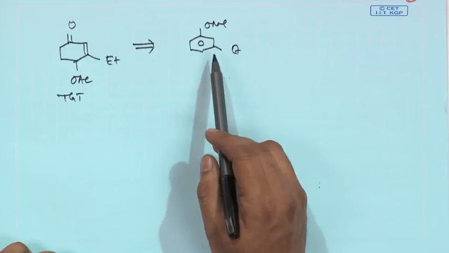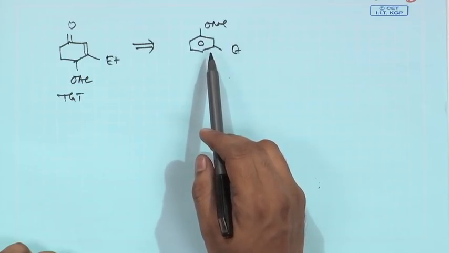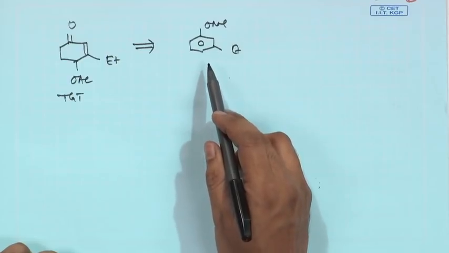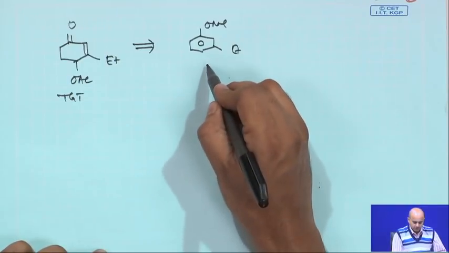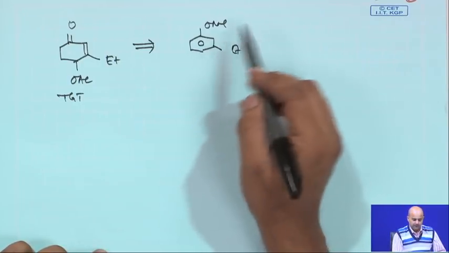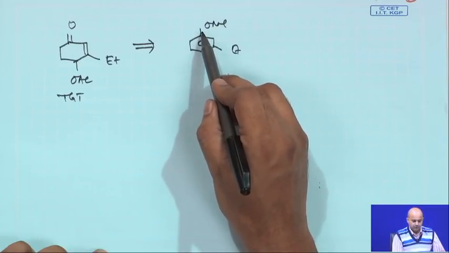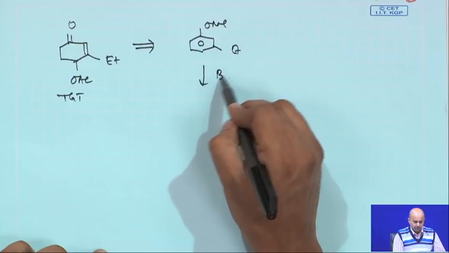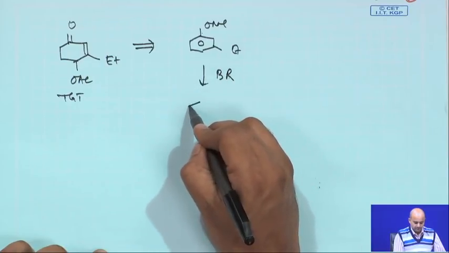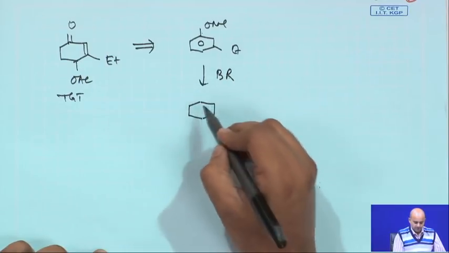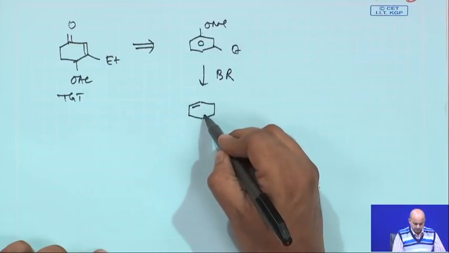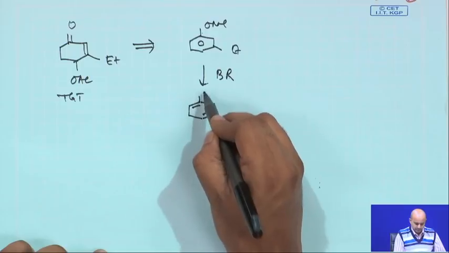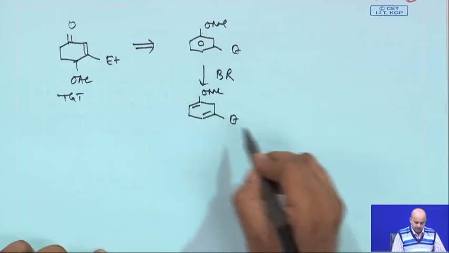Now, again this gives you the possibility of an aromatic hydrocarbon as the chief starting material. So, the initial step you need to do is a Birch kind of reduction, so that the aromaticity will be disturbed. This compound has an electron releasing group here as well as here. So, if it undergoes Birch reduction, it will give you this product.